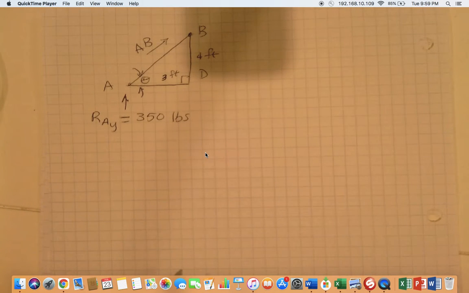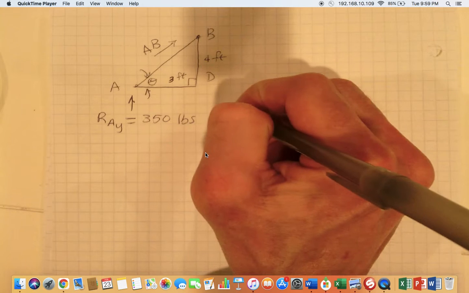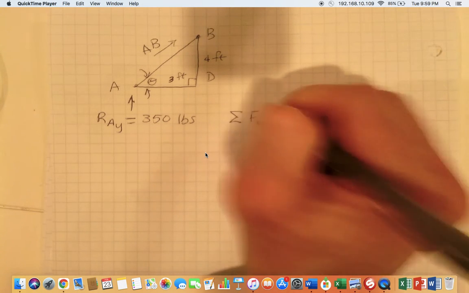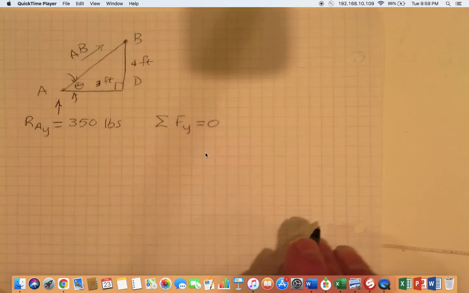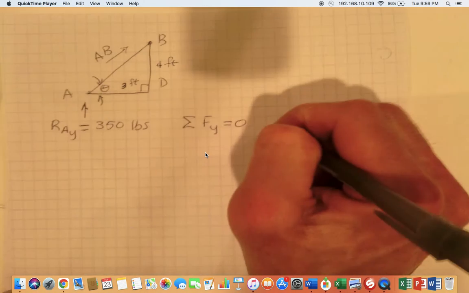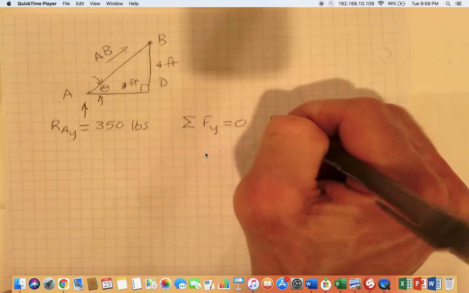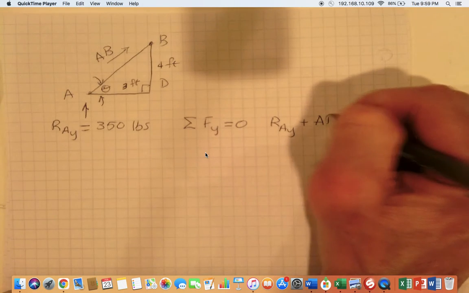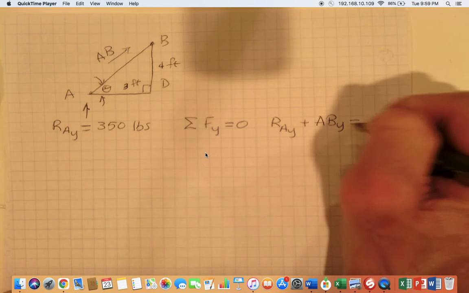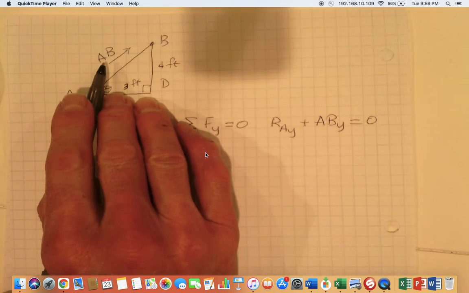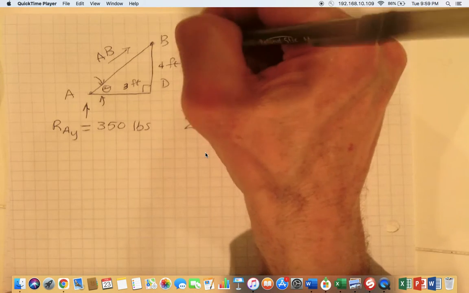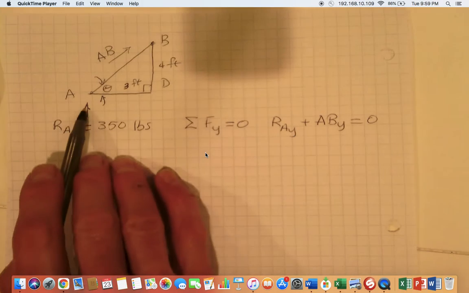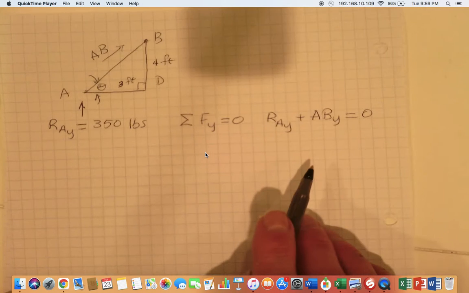And if we were to sum the forces in the y direction, they should be equal to 0. And the two forces in the y direction are this reactionary force and the force AB, but the y component of it. So the y component of that, which would be over here somewhere, just vertical, plus this reactionary force have to add to 0.